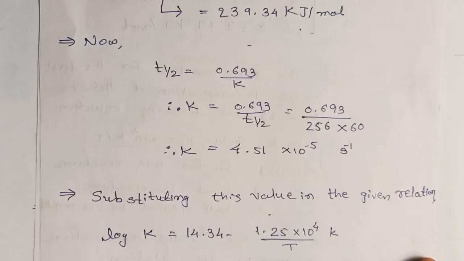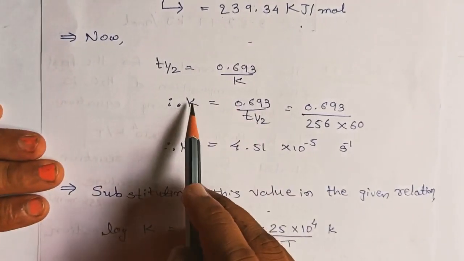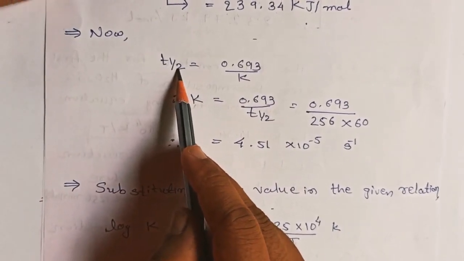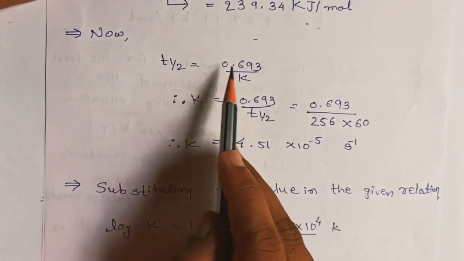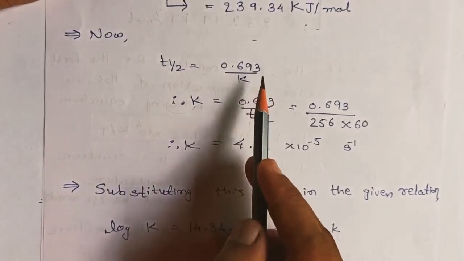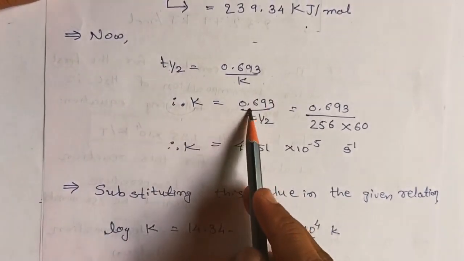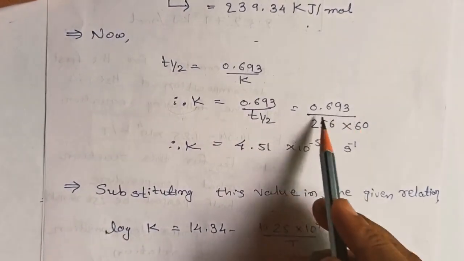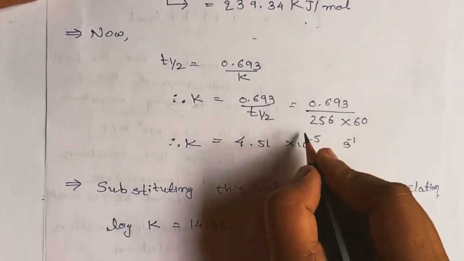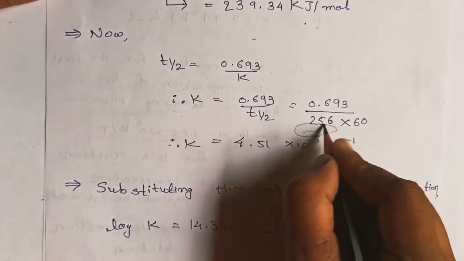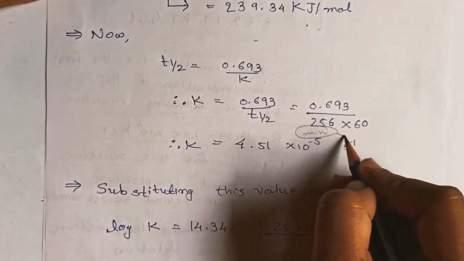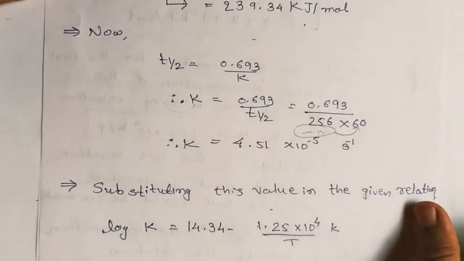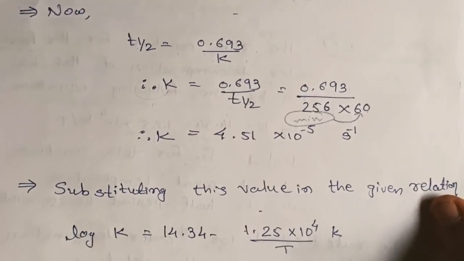For that, first of all we calculate the value of k from this given t half. So we will get t half is equal to 0.693 by k. So k is equal to 0.693 by t half, equal to 0.693 divided by 256. Now this value is given in minutes, so we convert that into seconds, multiplying or dividing by 60.